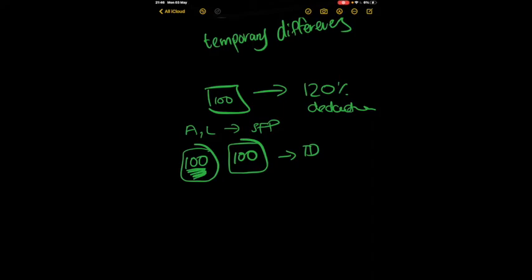However, we've still got this extra deduction. This extra deduction is sitting over there at 20. But in the statement of financial position, there's no corresponding amount to recognize this additional benefit that we are getting from the revenue service. So that means that at initial recognition, we effectively have a temporary difference, because if you take the 0 and you subtract the 20 from that, that's going to give rise to a temporary difference.